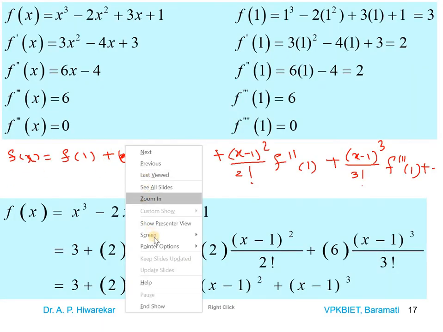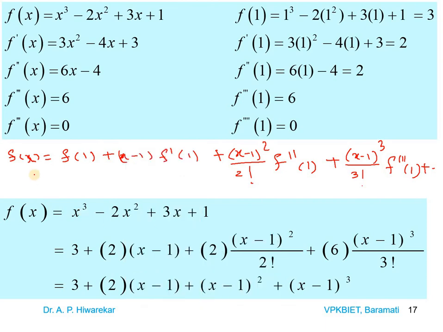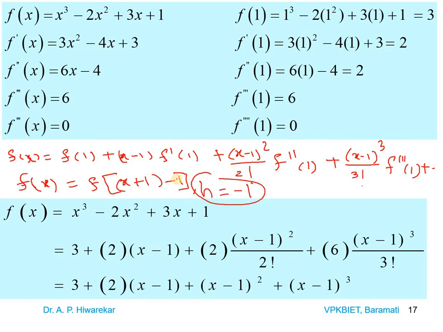You will write f(x) as f of x plus 1 minus 1. Then I will take h equal to minus 1 and then proceed. So you can have another problem, which, as I told you, you can solve as an assignment.